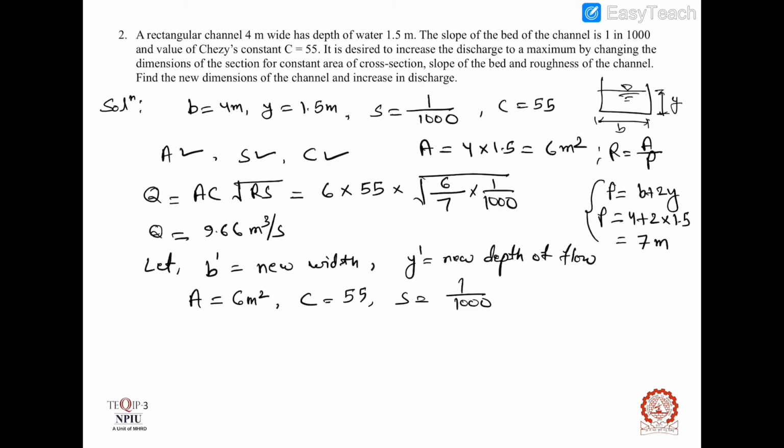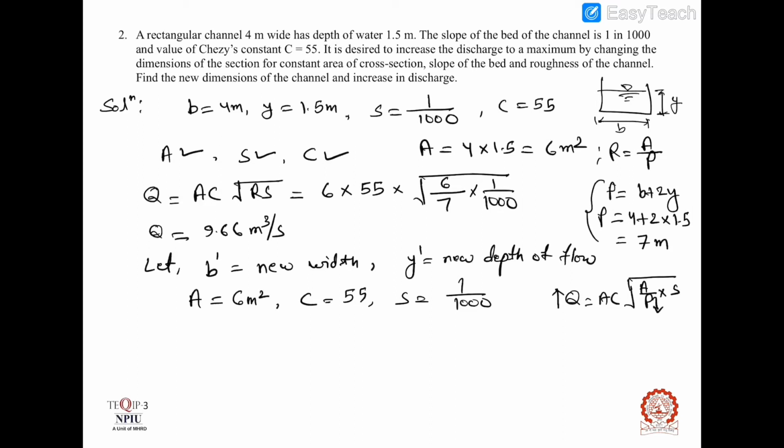And we know the condition of most economical channel section. What is that? For most economical channel section, the perimeter is minimum. See in this equation Q is equal to AC root over RS, R is A upon P into S. When perimeter is minimum, it means the discharge is maximum.